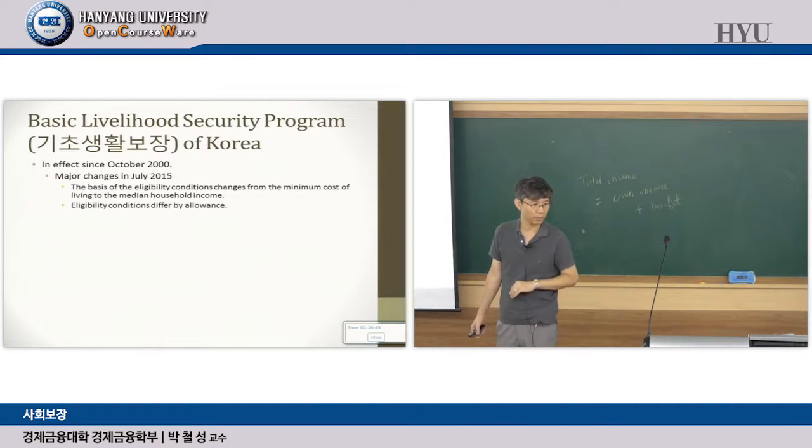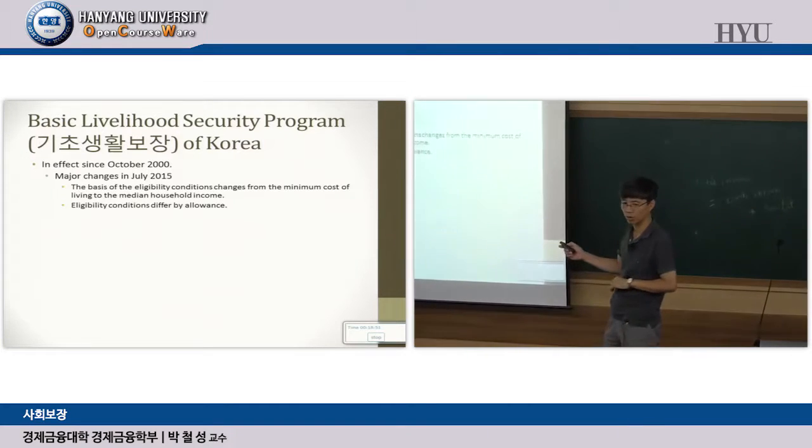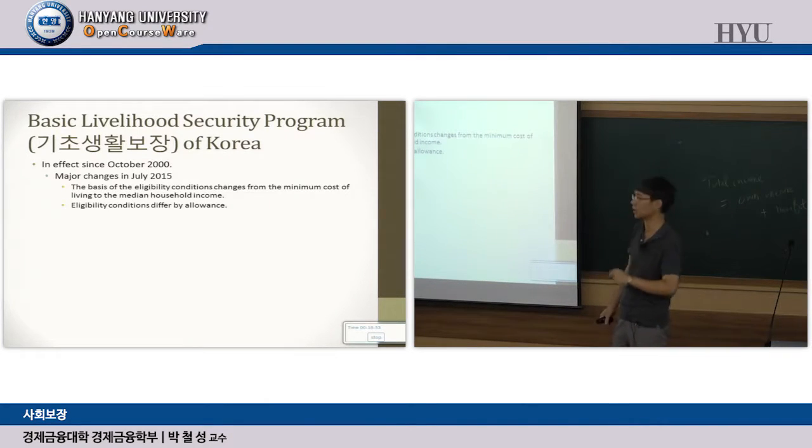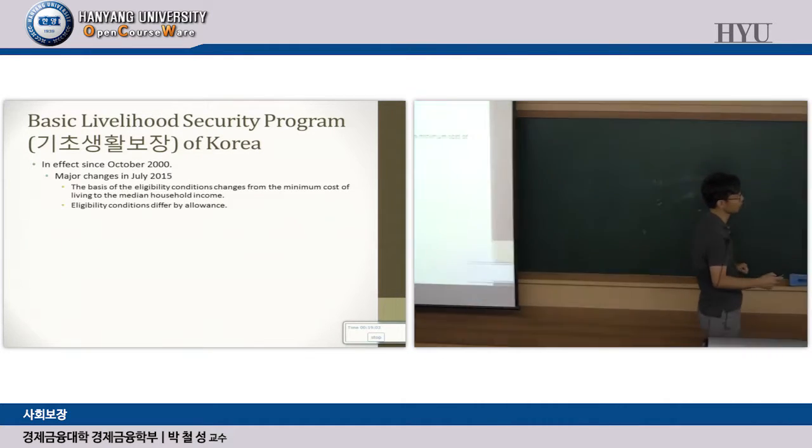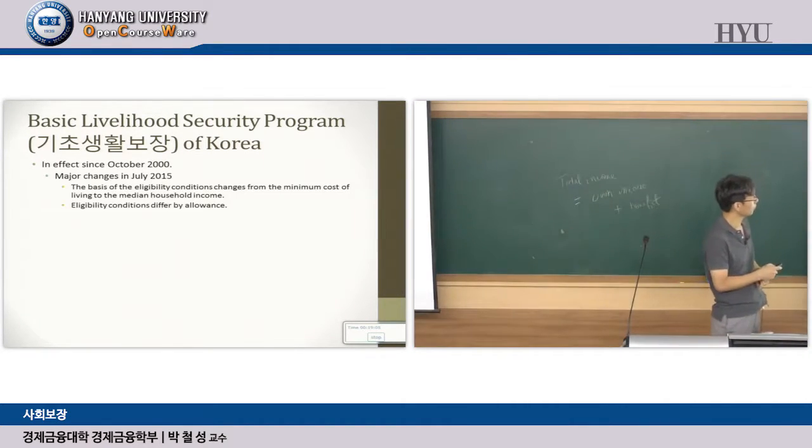July 2015 saw a major change in this program in two things. One, before July 2015, the basis of the eligibility condition, I will talk about the eligibility condition in detail a little later, but the basis of eligibility conditions changed from the minimum cost of living to the median household income.